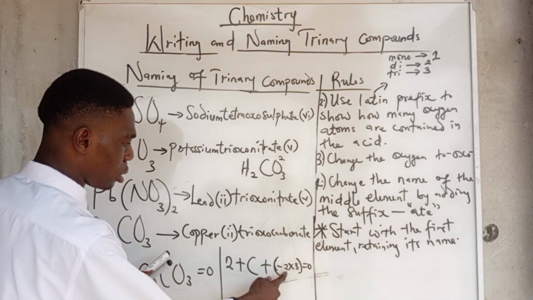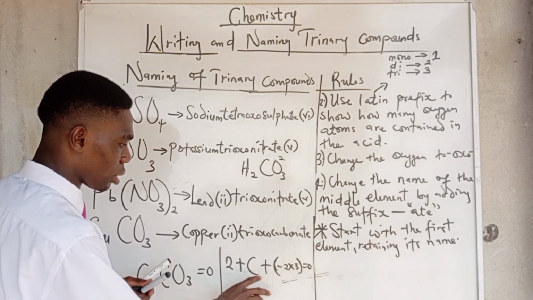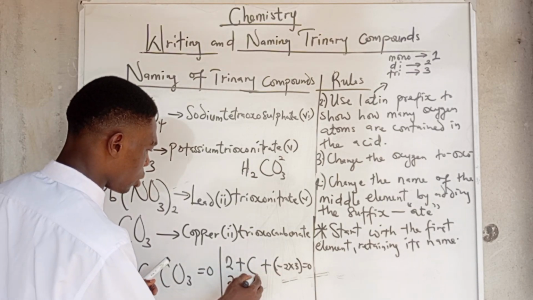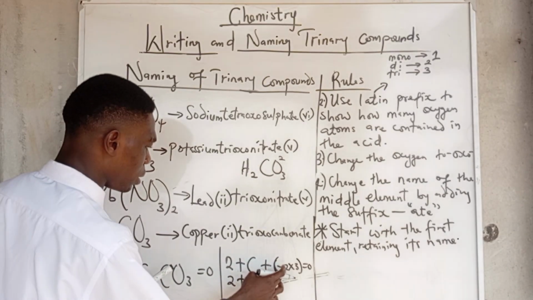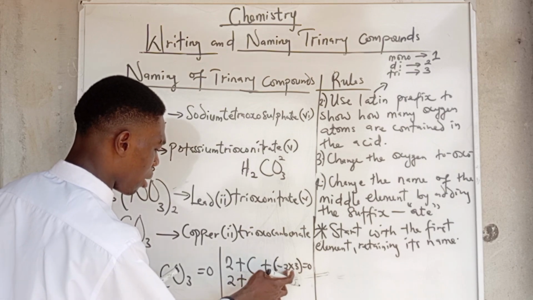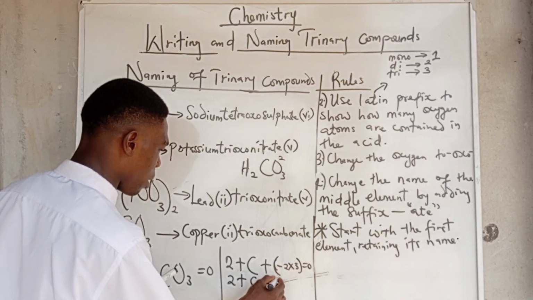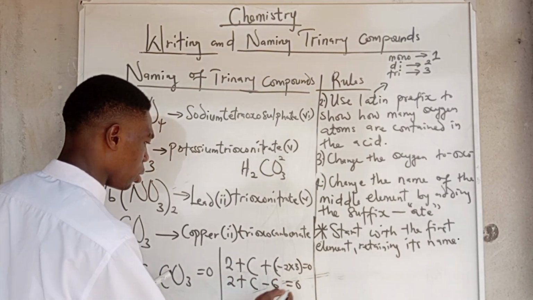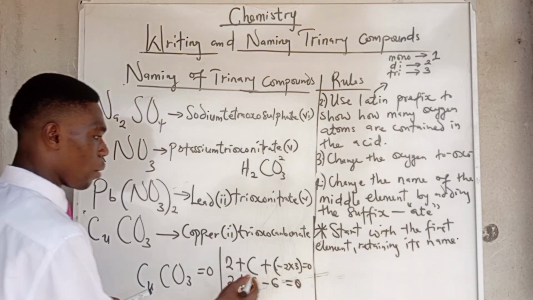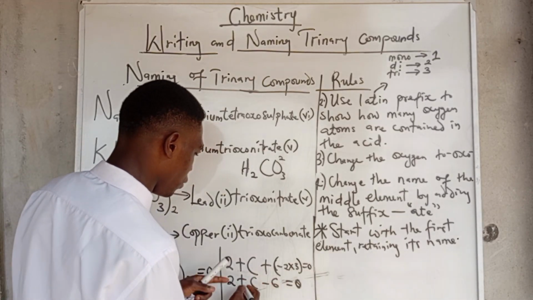Now -2 times 3 is -6, so you have 2 plus C. Now this is -6 in the bracket, so plus times -6 will give us -6 as well, equal to 0. All right, that will end up to give us, let me shift this to this.